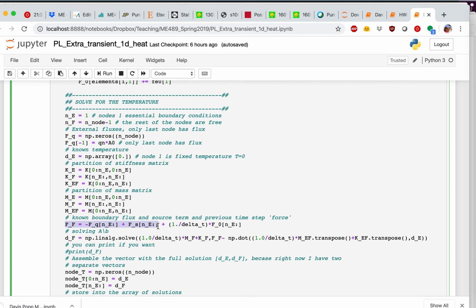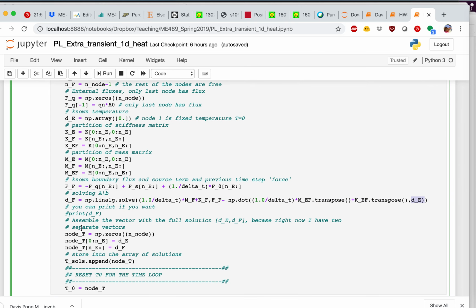Well, now it's minus fq plus fs plus 1 over delta t f naught. And then solving, before it was just kf, now it's 1 over delta t m plus kf, right? And then the force vector, and here again, here I only had kef transpose, now I have 1 over delta t mef transpose kef transpose dE.